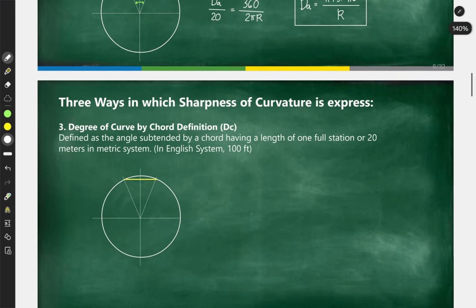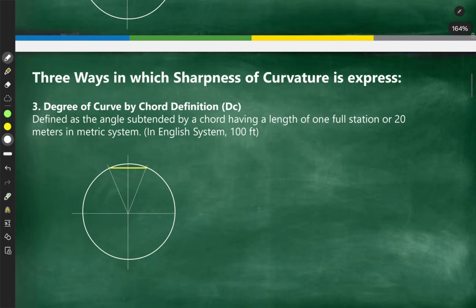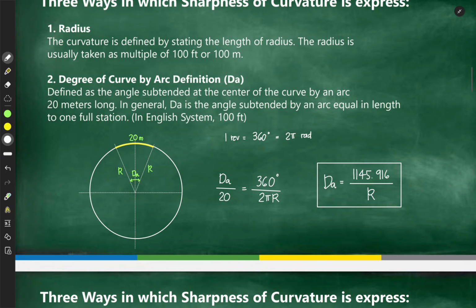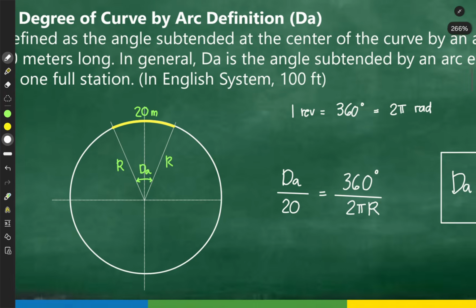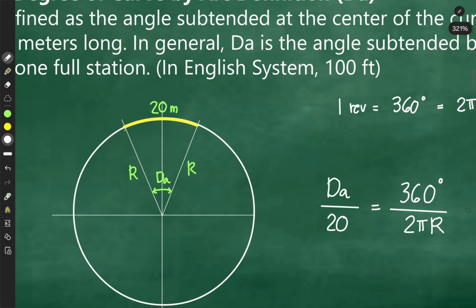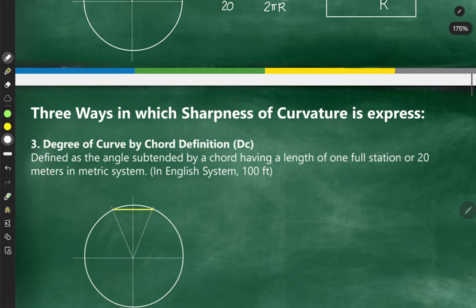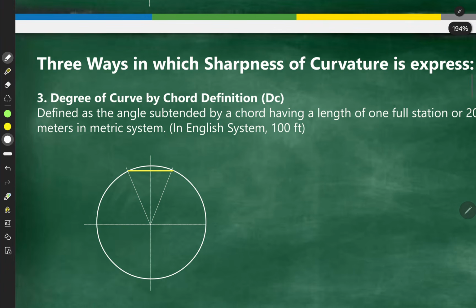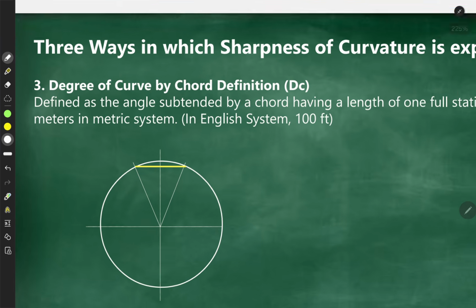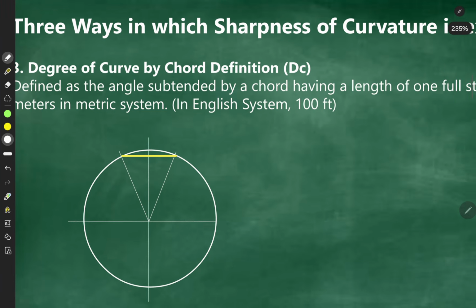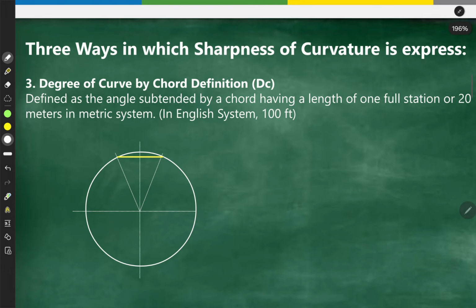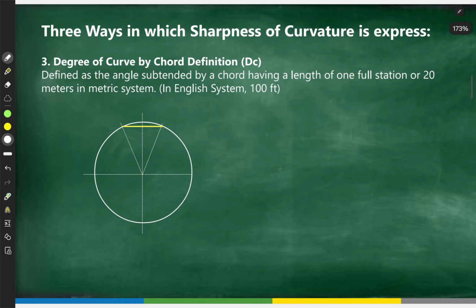Next, we also have this degree of curve by chord definition. Kanina, dito sa ating degree of curve by arc definition, yung 20 meters, yung one full station natin, ay nilagay natin along the curve. So this time, degree of curve by chord definition is defined as the angle subtended by a chord having a length of one full station or 20 meters in metric system, or in English system, 100 feet.